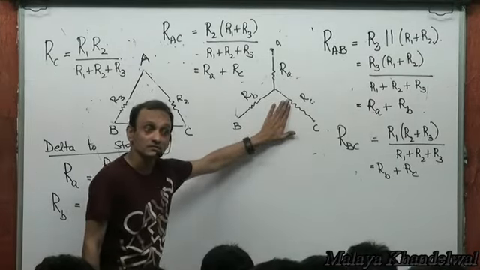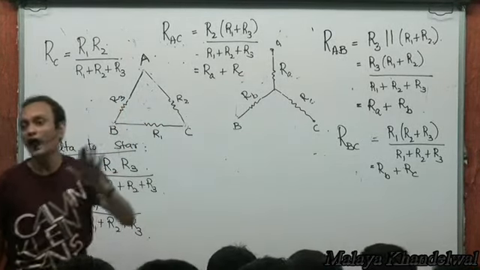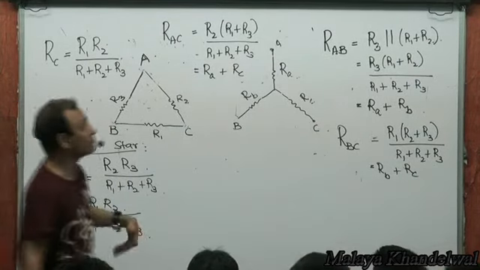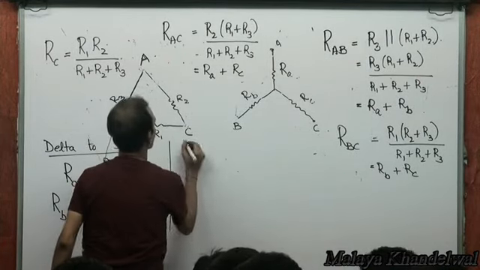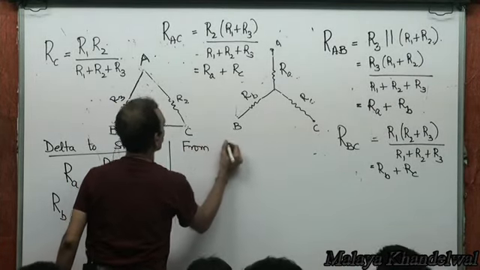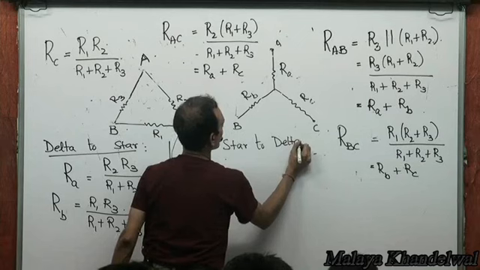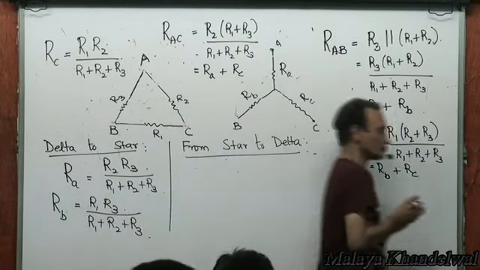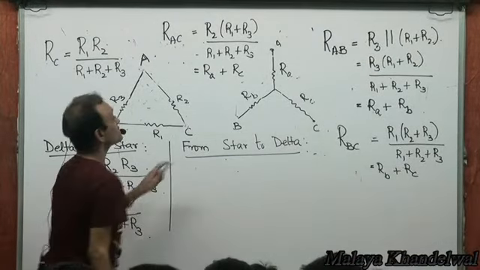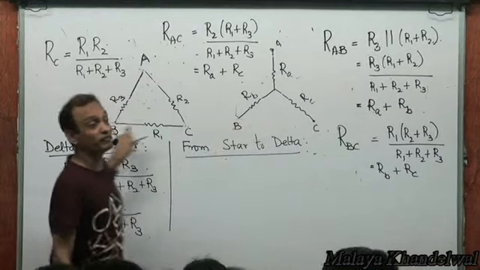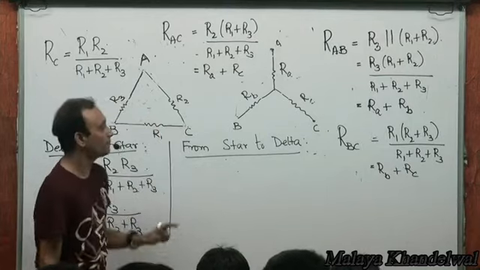Now, given star, that means given RA, RB, RC, if you want to find delta, that means you want to find R1, R2 and R3. Then the final result is, that means from star to delta, given star, find the equivalent delta, convert this topology into this topology. Sometimes this might help, right?